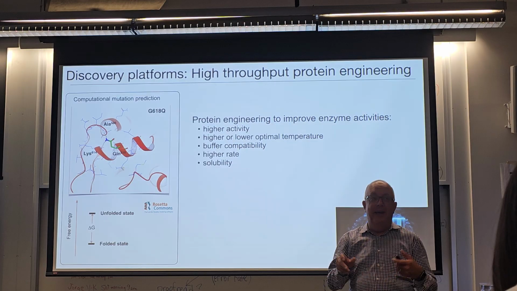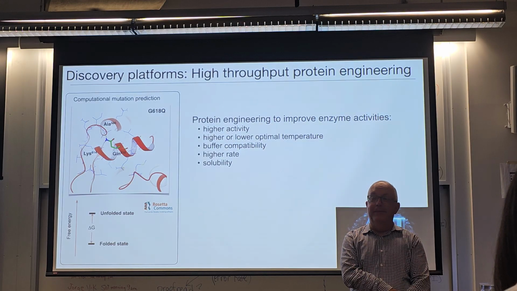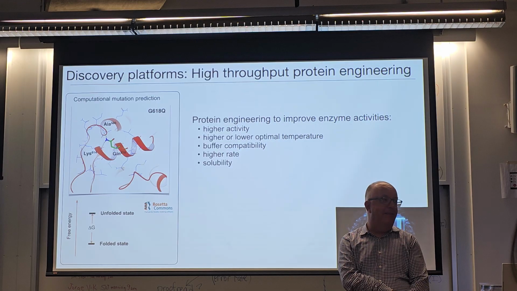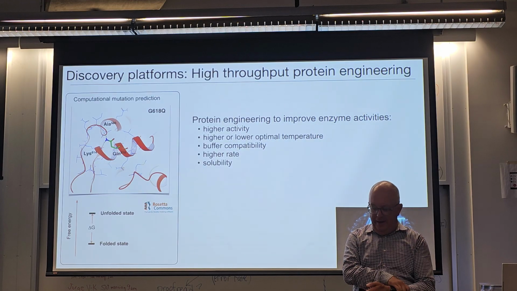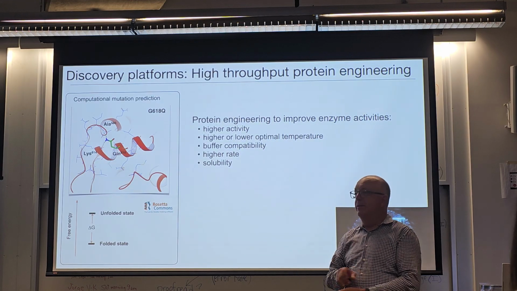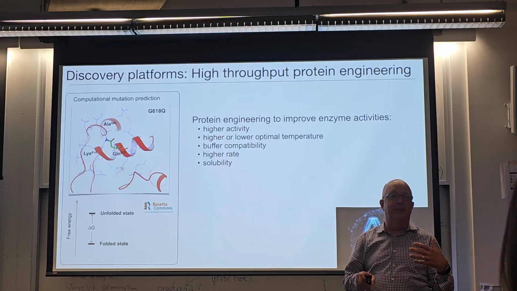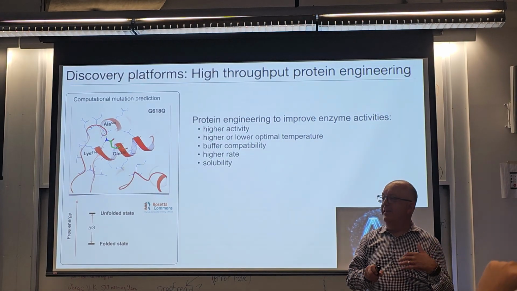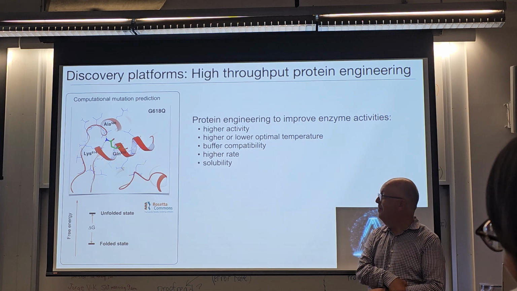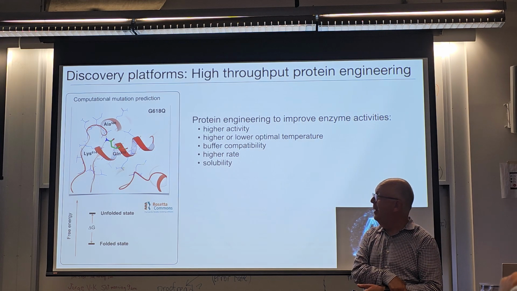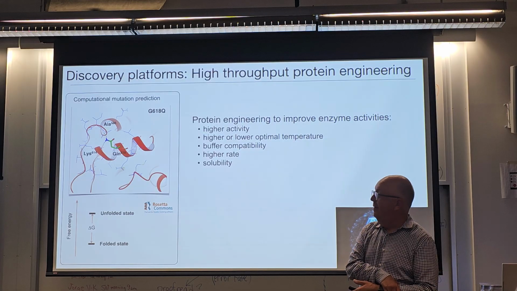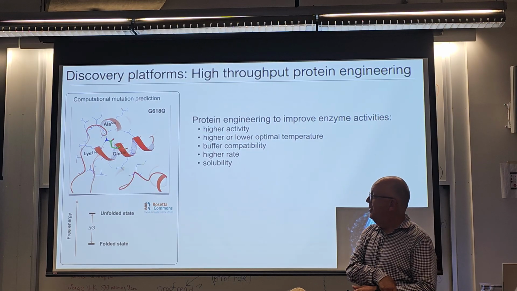And so AI is really dominating the conversation here, and there are a lot of companies that have started up that are using AI to go into the databases and try to predict how to mutate the protein to actually change its function. So you might want a protein that has higher activity, or works at a higher or lower temperature.